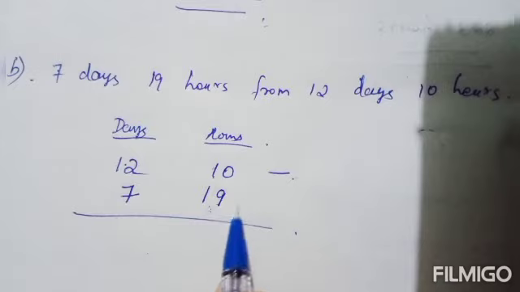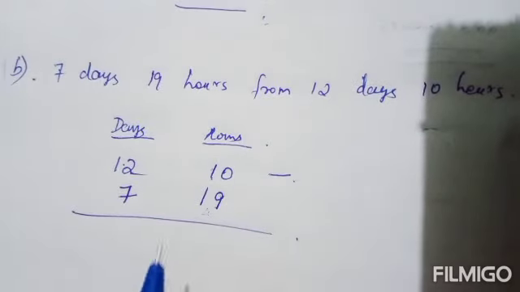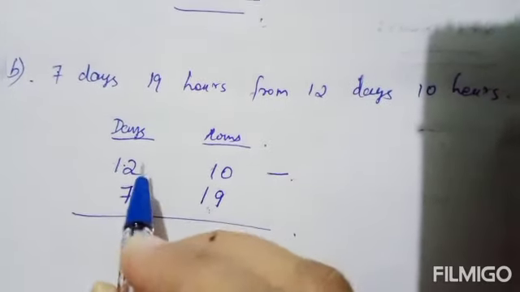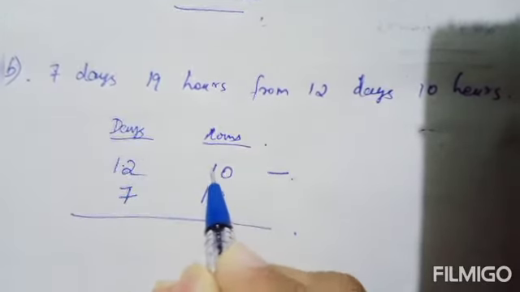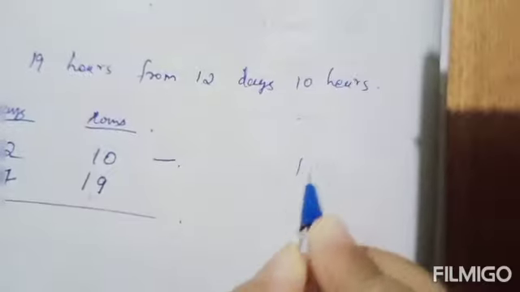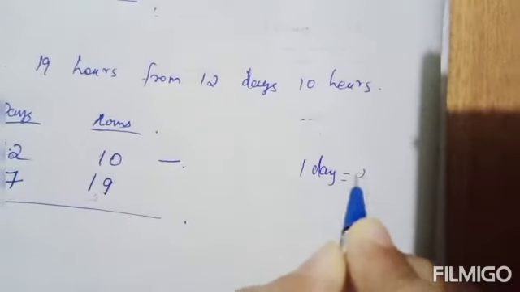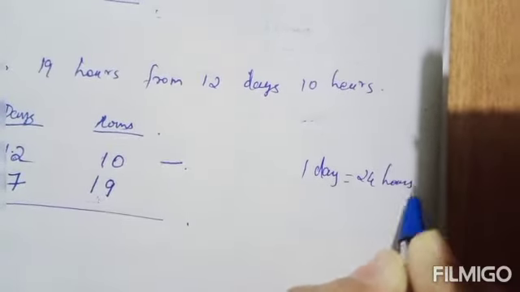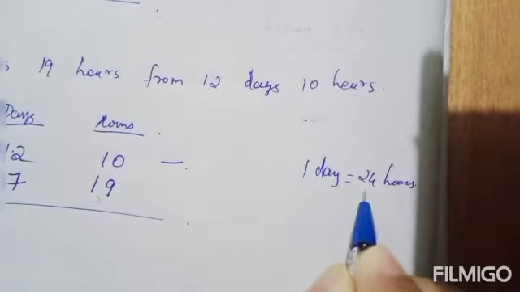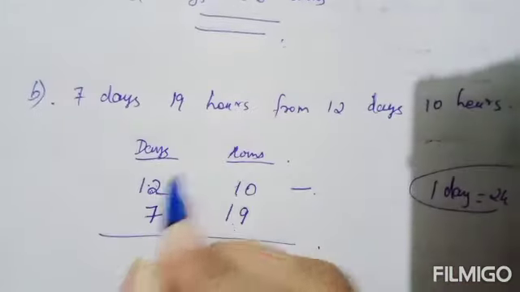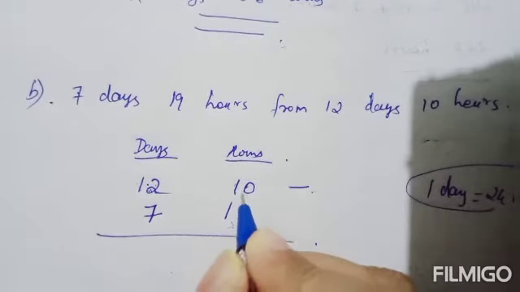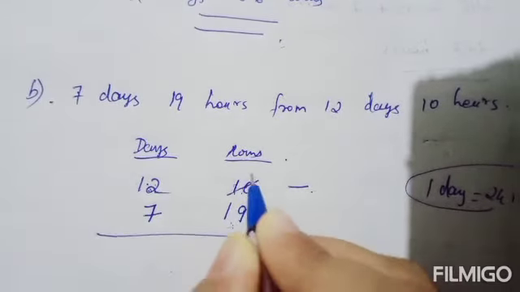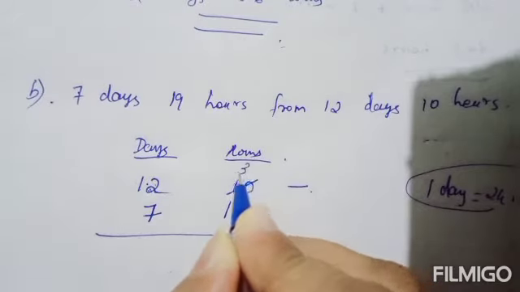It is not possible, and we have to do one thing. From 12 days, we take 1 day, and we know that 1 day equals 24 hours. So that 24 hours we are taking to this side, to the hours part.